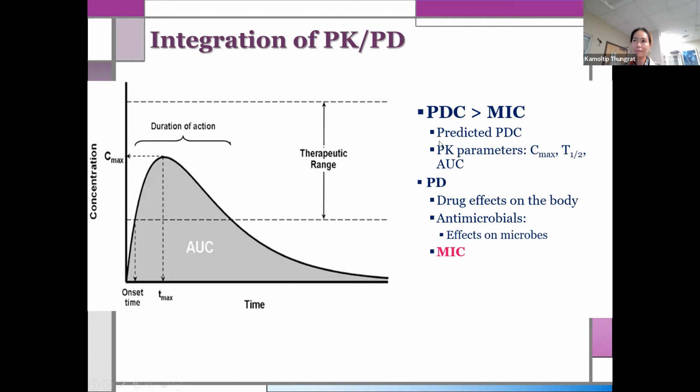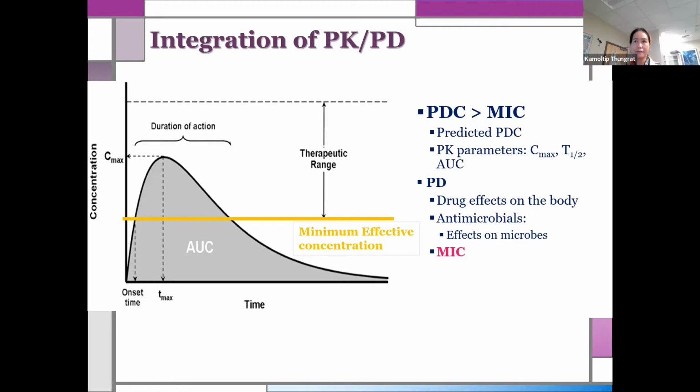For the AUC, I tried to find the data, but some papers have different AUC data here, so I'm not going to talk about the AUC much. But I'm going to show you how I calculate the dosing regimen based on the Cmax and half-life. We're going to incorporate the pharmacokinetic data and pharmacodynamic data.